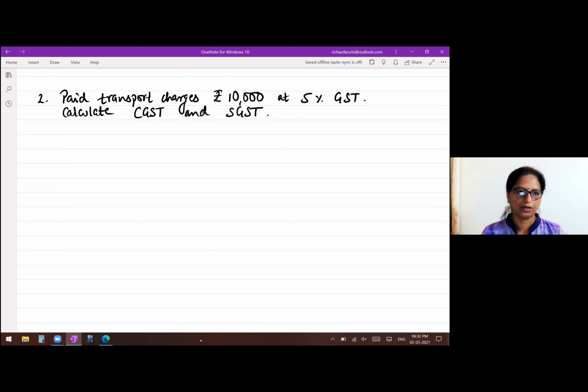So now here we have to show the breakup of the calculations of CGST and SGST. So how will you first find GST? It is transport charges 10,000 into 5%.